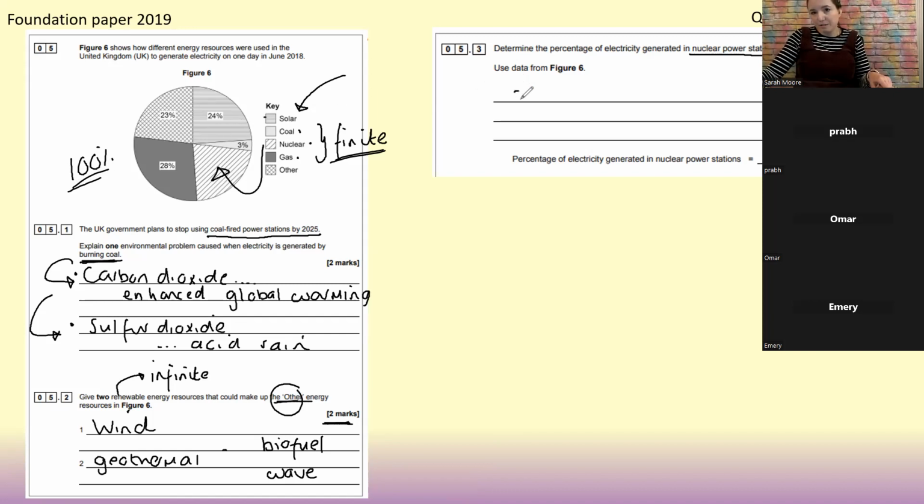So we need to add 23 and 24 and 3 and, oops, that should be a plus, and 28, and that equals 78. Our pie chart should equal 100, so what is left over is 22. And so therefore, nuclear power is responsible for 22% of the electricity generated on this particular day.